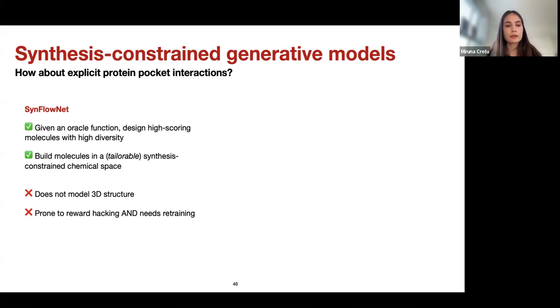Now, the drawbacks are that the model does not model 3D structure, which one can argue is very important to drive interaction between protein pockets and small molecules, and it is prone to reward hacking, right? We can only approximate binding affinities, and the model can always go outside of the distributions of those trained models.